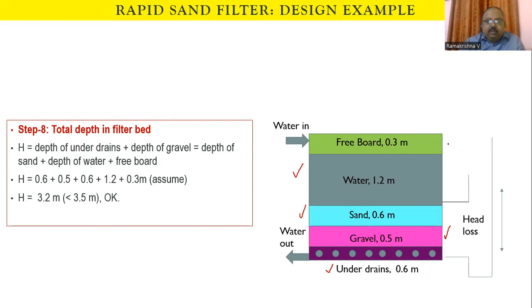So the total depth of the filter bed comes out to be 3.2 meters. The maximum size is 3.5 meters. So usually the head loss is calculated from the depth of the water here. You connect a piezometer or manometer here, and another one at the layer of the under drains, because if there's clogging, that clogging will affect the bottom.